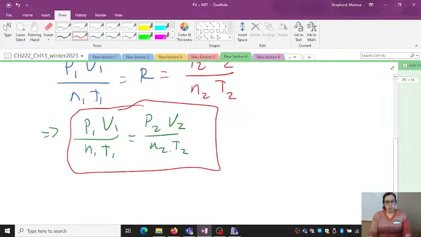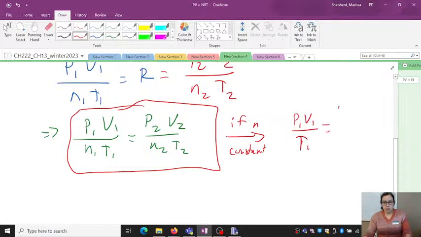Then you could get rid of moles. If N is constant, that gives you back P1, V1 over T1 equals P2, V2 over T2. Or you could even change all the variables and have to use that relationship.